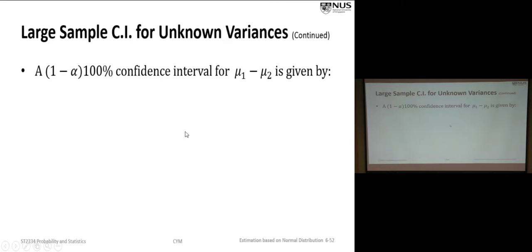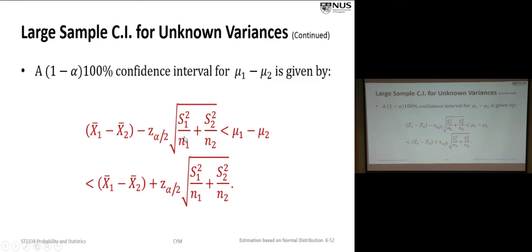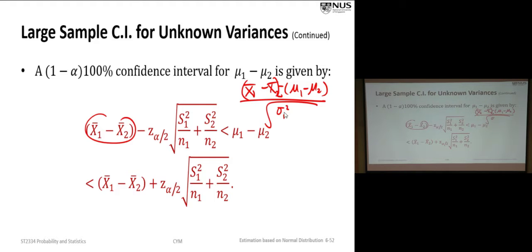Then I use the formula. This basically uses the central limit theorem. So we use the sample mean difference, minus mu1 minus mu2, divided by the square root of sigma 1 square over n1 plus sigma 2 square over n2.